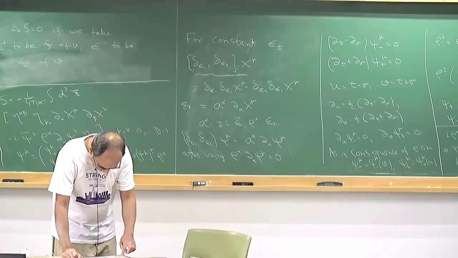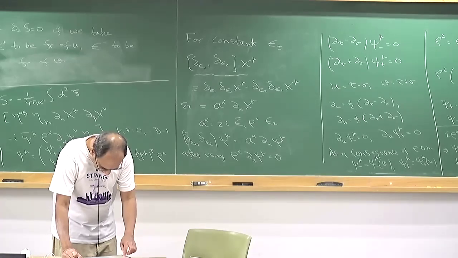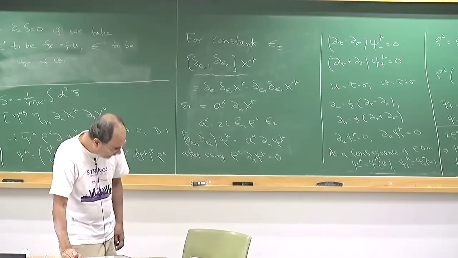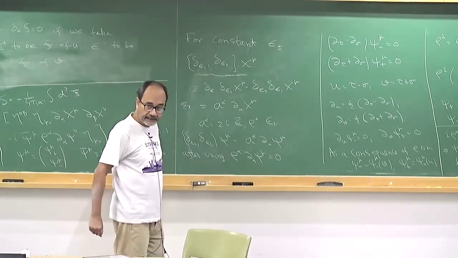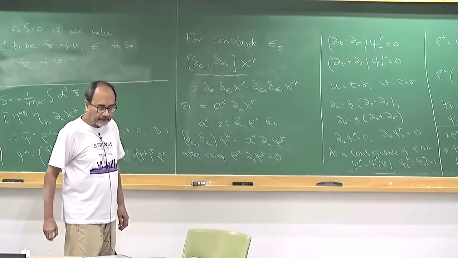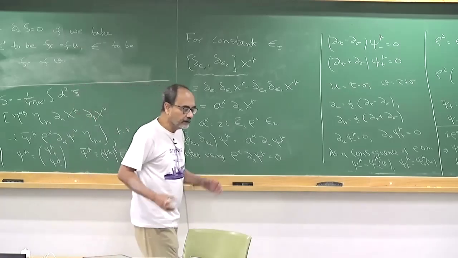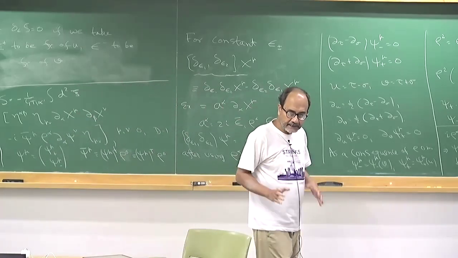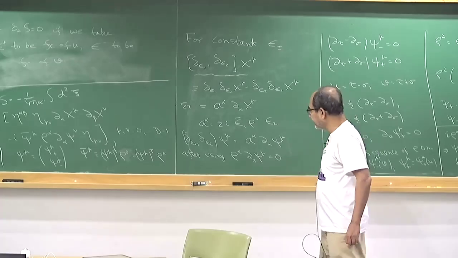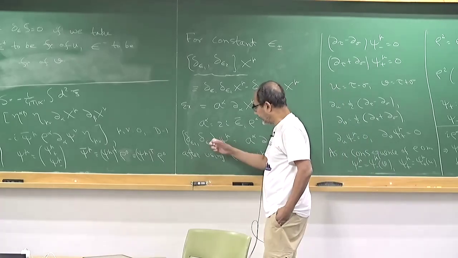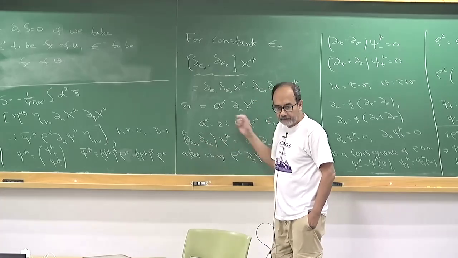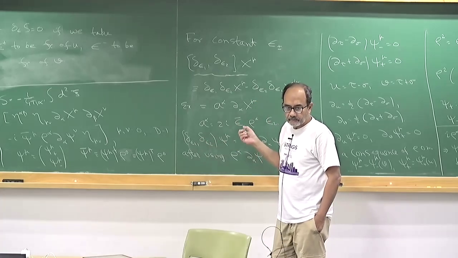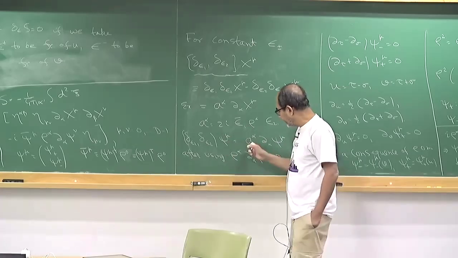Let me just try to check. I don't now remember what equation of motion you need, but you have to use an equation of motion. I think you need the psi equation of motion, but this is something you can check. The important point is that delta epsilon to psi mu will give you x, but when you apply delta epsilon 1 on that, it will give you back psi, and you have to check that that combination is exactly this.